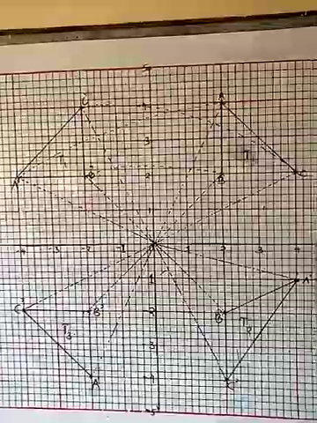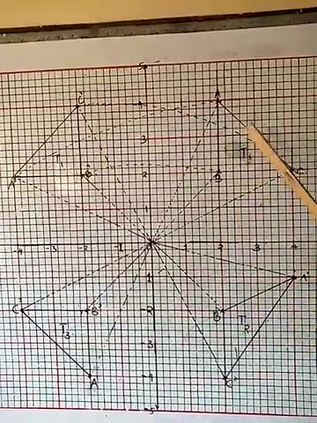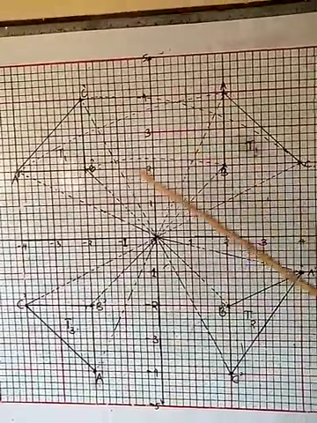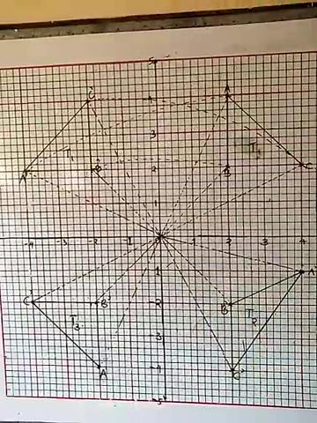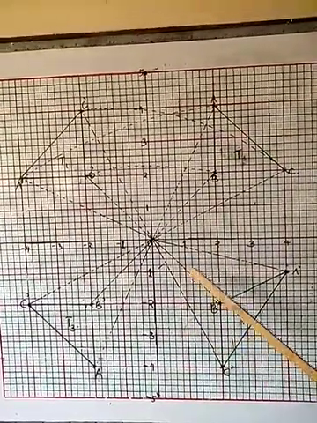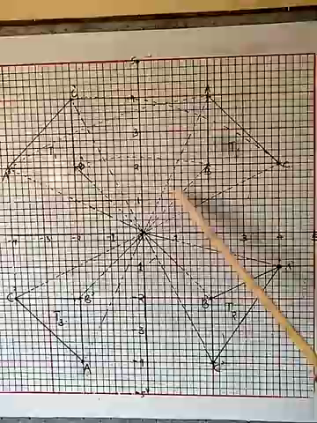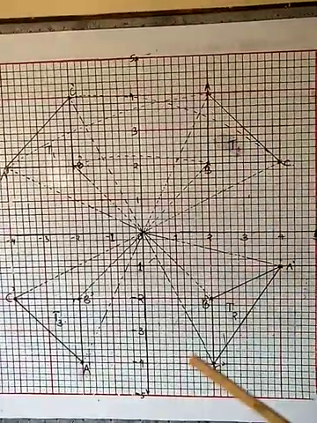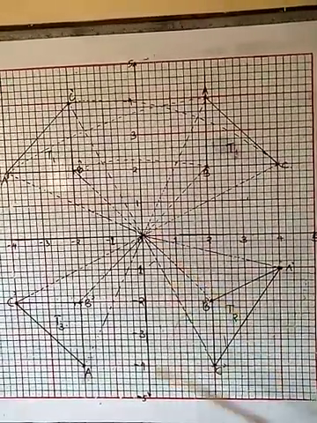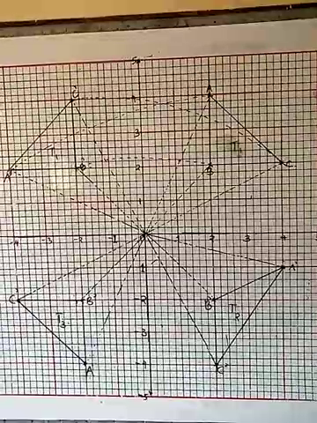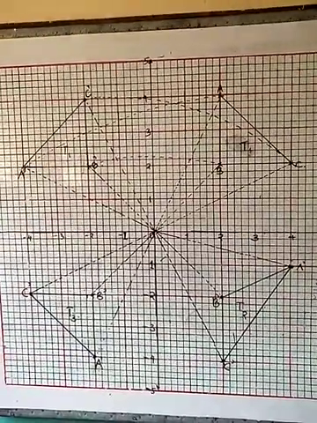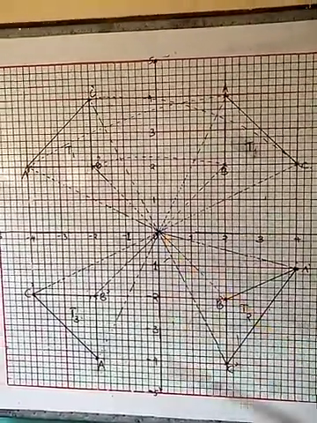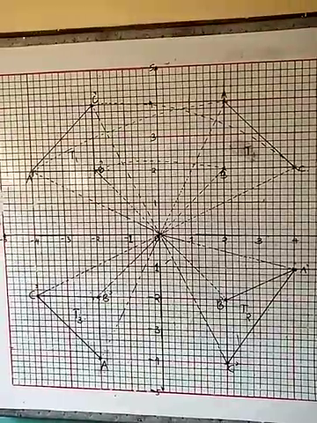So, for us to locate the image A prime, which is here, the first step is to join O to A, where O is the center of rotation. In this case, we have used the origin as the center of rotation.